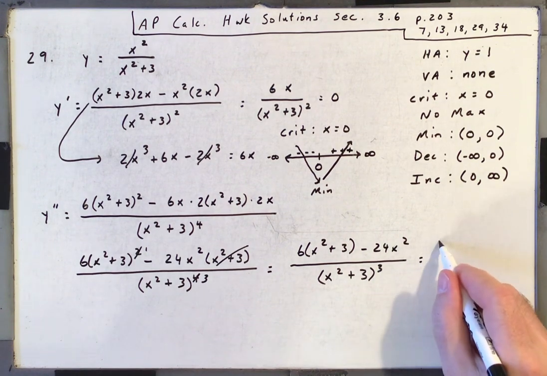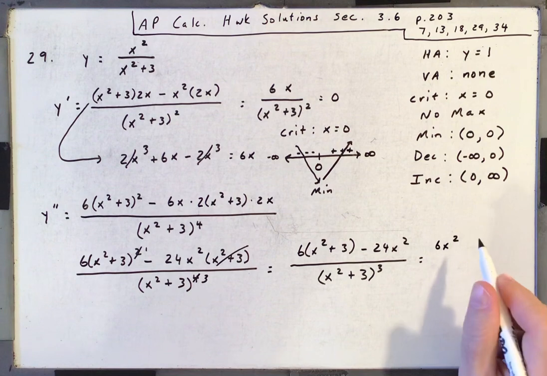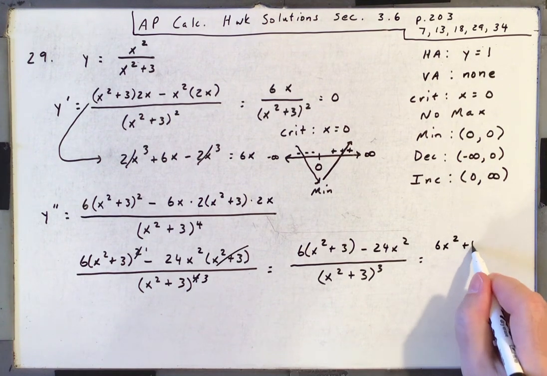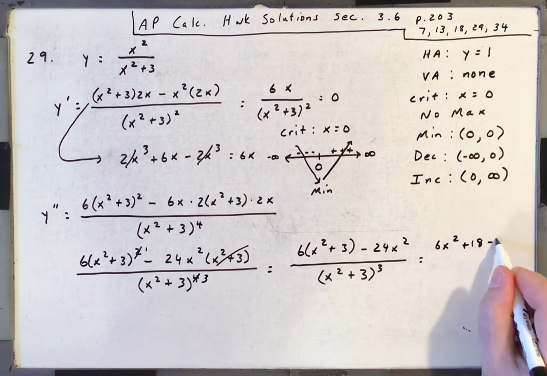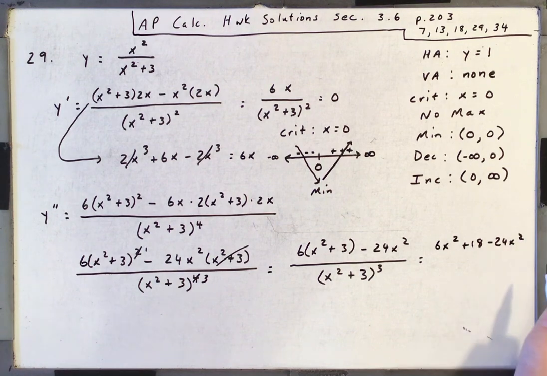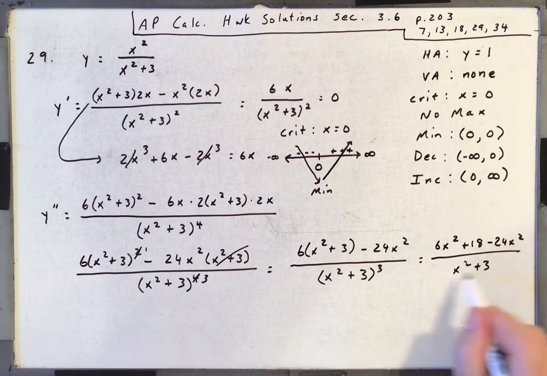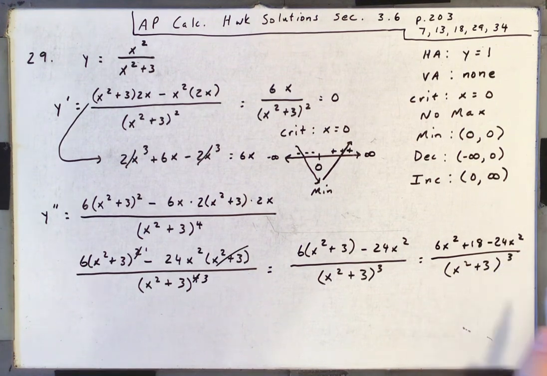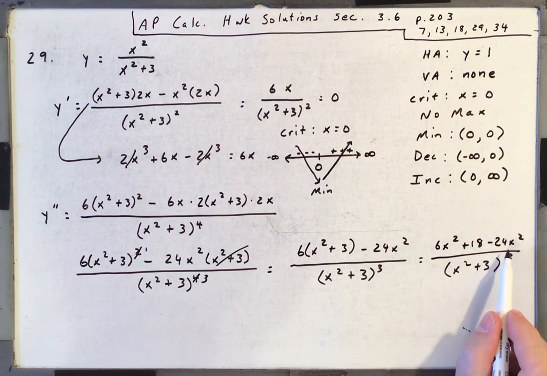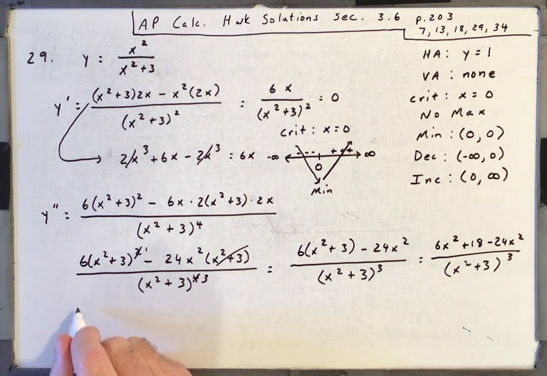Okay, so I really just care about the top. So that's going to be 6x squared plus 18 minus 24x squared. That's the top over x squared plus 3 all cubed. So that would be 18 minus 18x squared.